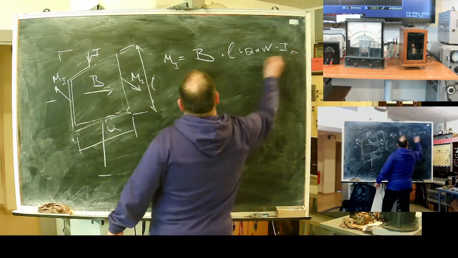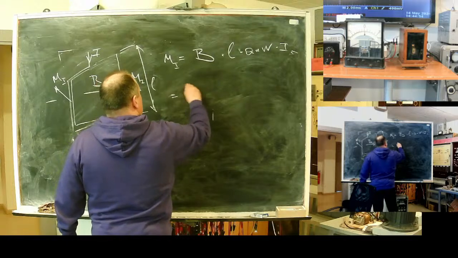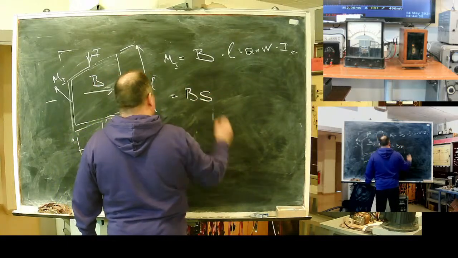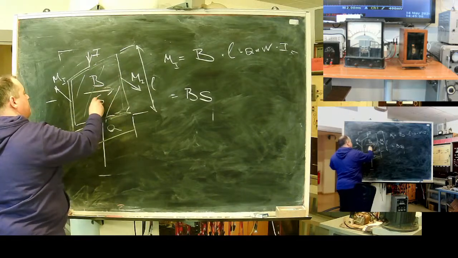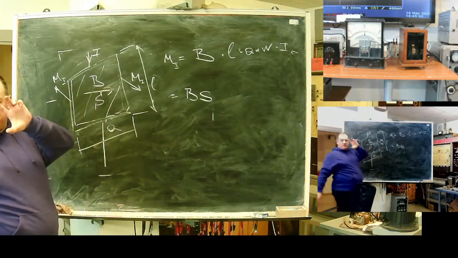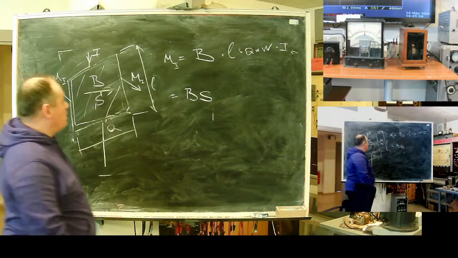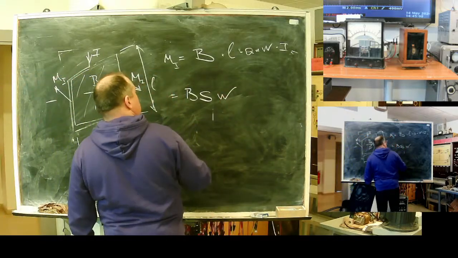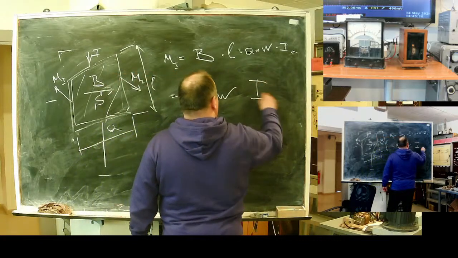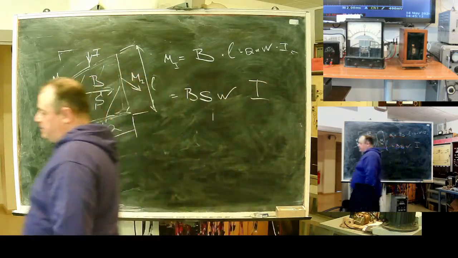Or it can be written: induction B, area S of this coil, multiplied by number of turns v inside the coil and multiplied by current.